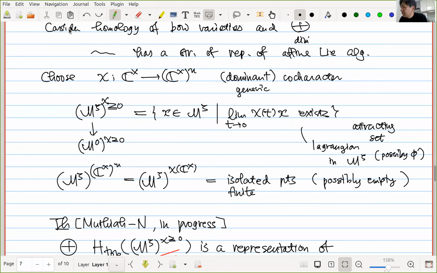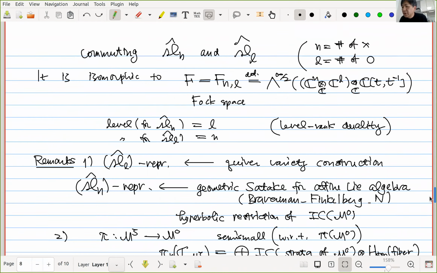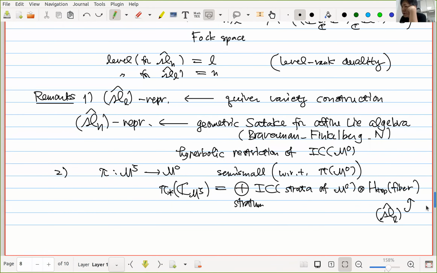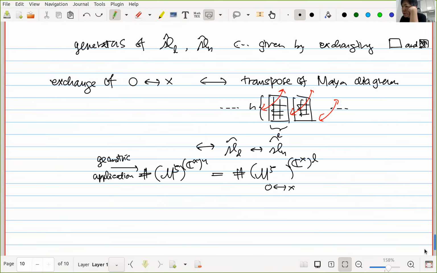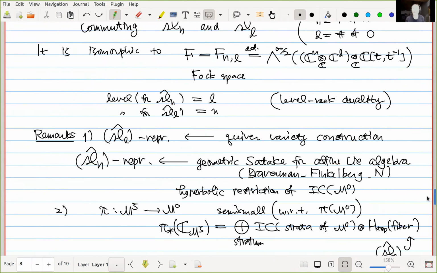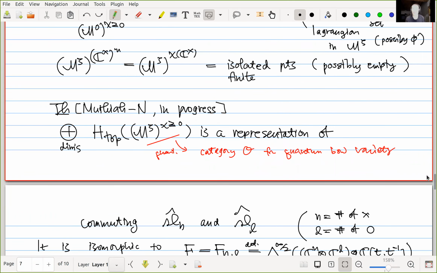So if I consider the vertex operator algebra, then I must consider the corresponding category of vertex operator algebras, and that should have this symmetry.